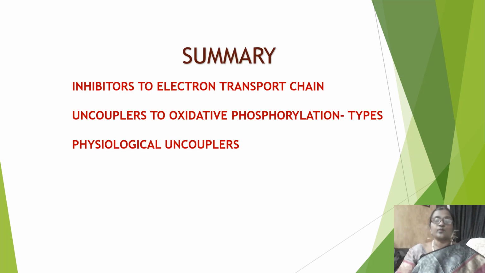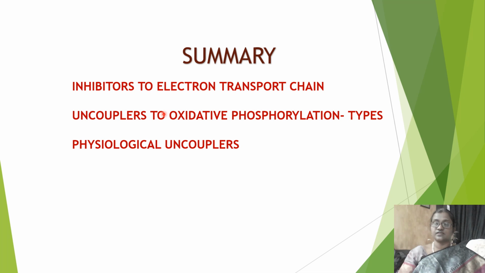In this topic, what we have studied is the inhibitors of the electron transport chain, the three sites where the electron transport chain is inhibited: between NADH and coenzyme Q, then between cytochrome b and c1, then at cytochrome oxidase. Following that, we have studied the uncouplers of oxidative phosphorylation.